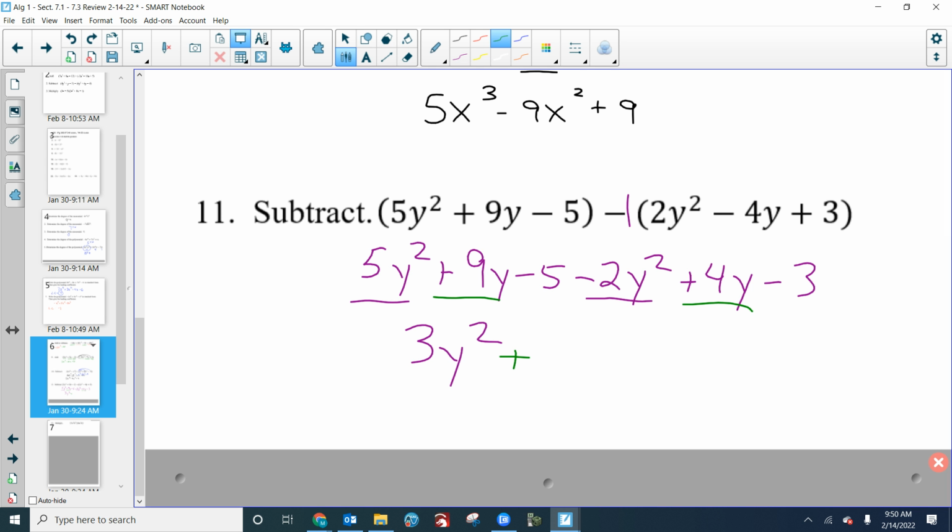Plus 13. Does that make sense? Yeah. Forget the subtraction sign then. Once you distribute the negative sign, forget your minus and just combine like terms. Okay? Does that make sense? So this will be plus 13y. What's -5 minus 3? There you go. Okay?